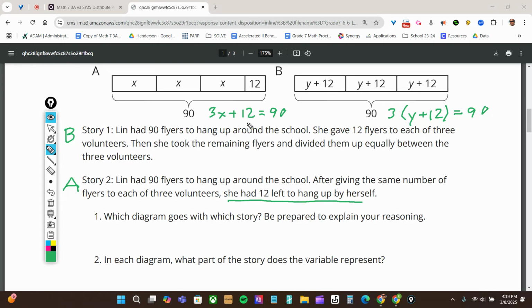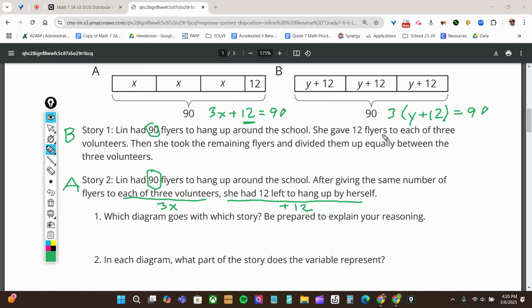And it says after she gave the same number of flyers to three volunteers, so that would be the 3x, and this would be the plus 12. And then, of course, we got the 90 right there.